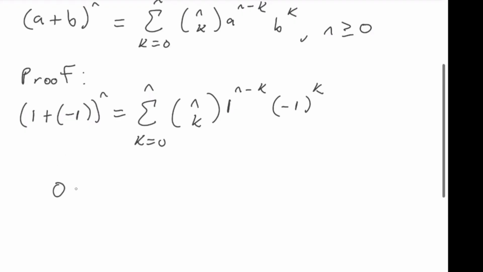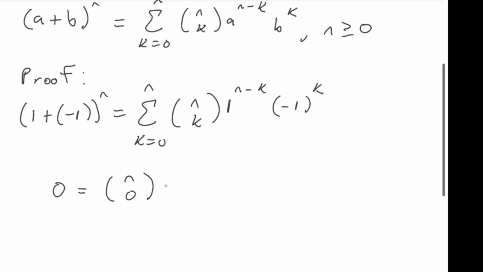So this is going to be 0 is equal to, so let's look at the first term of this series. It's going to be n choose 0, and then 1 to the n minus 0 is 1 times itself n times, so it's going to be 1. And then negative 1 to the 0 is still 1, so it's n choose 0.